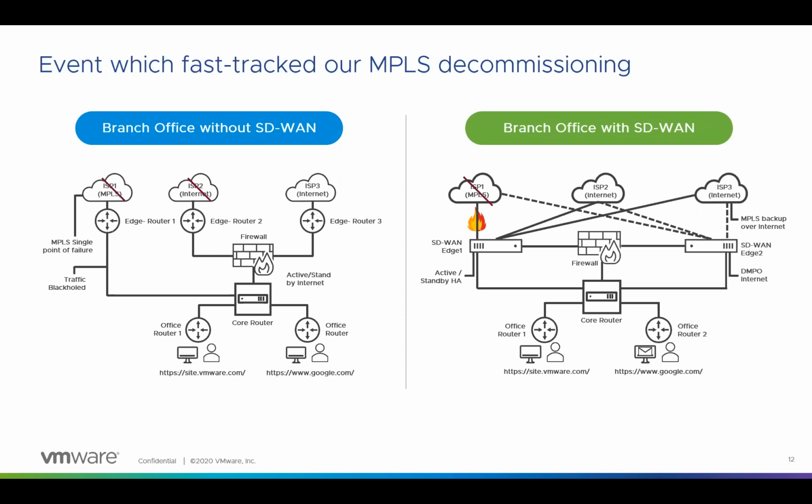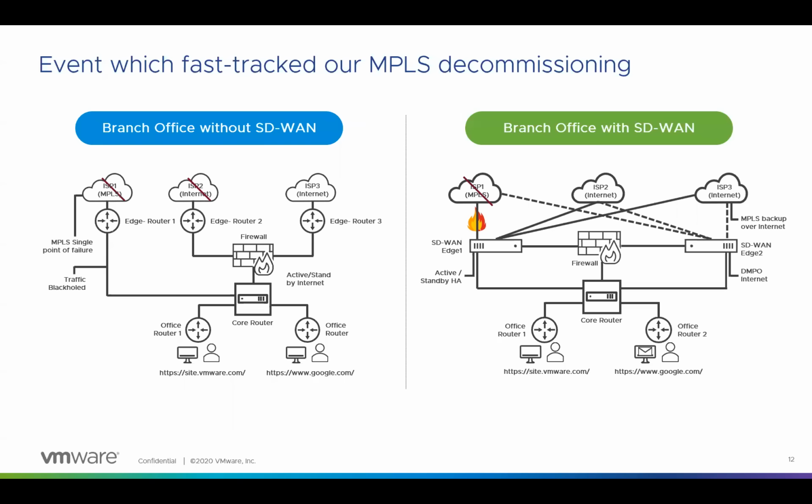For tier 1 sites, we are planning to do the same thing. The tier 2 sites, as we mentioned, have 2 internet and 2 MPLS links. Our plan is to leave just 1 MPLS there just in case for some time and decommission the other. That has provided significant savings for us, and this VeloCloud rollout program is paying for itself.